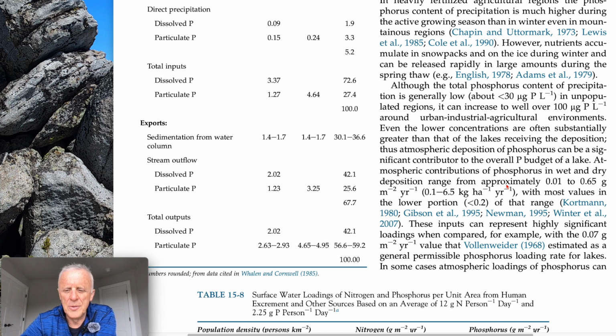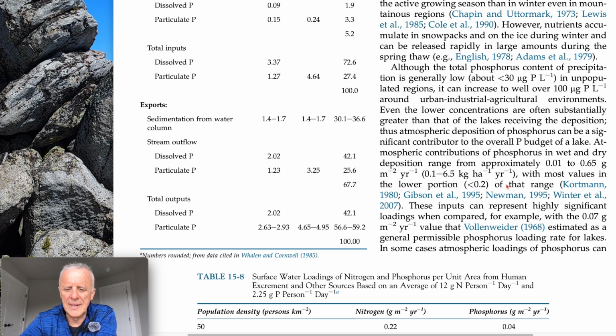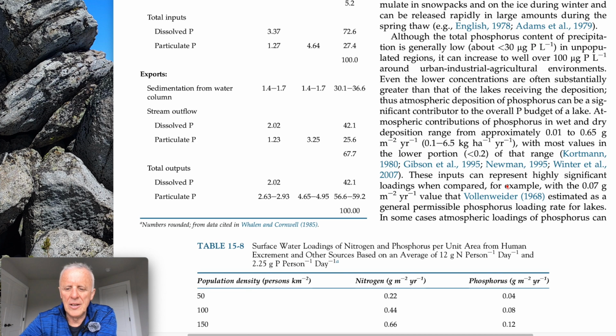Thus, atmospheric deposition of phosphorus can be a significant contributor to the overall phosphorus budget of a lake. Atmospheric contributions of phosphorus in wet and dry deposition range from approximately 0.01 to 0.65 gram per square meter per year, with most values in the lower portion, less than 0.2.